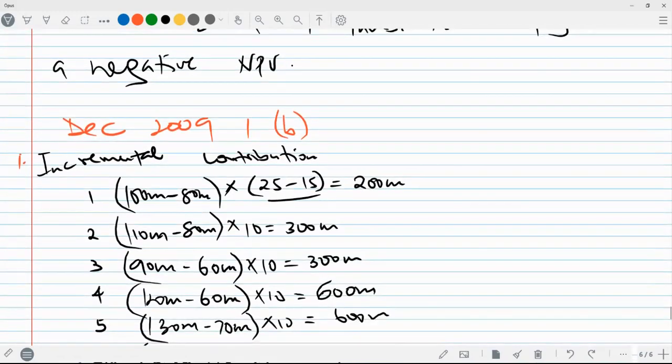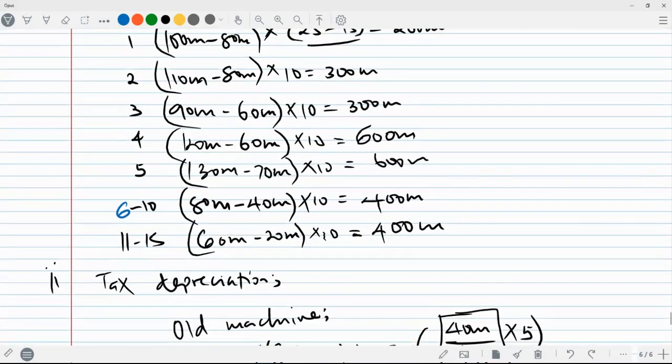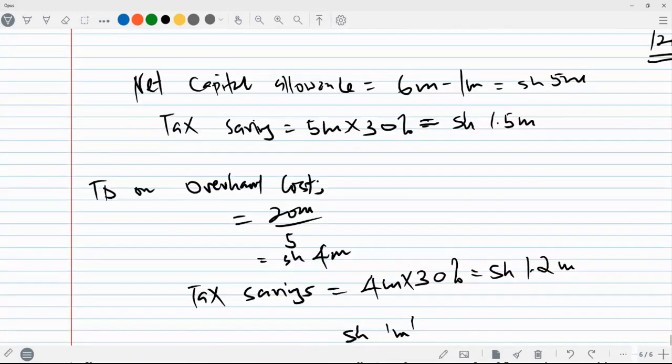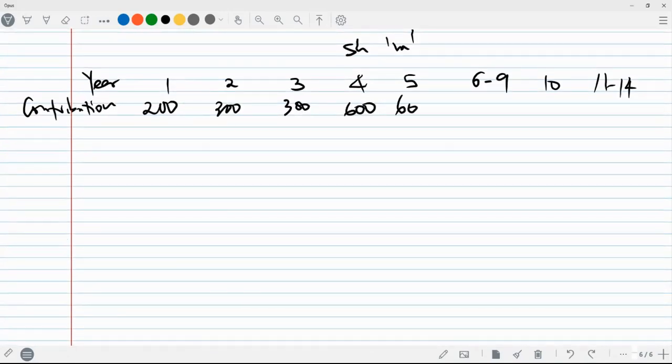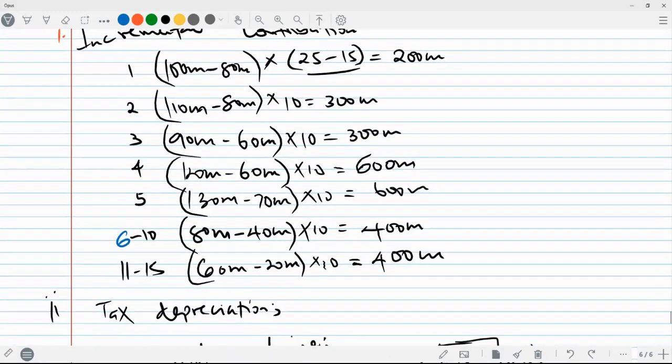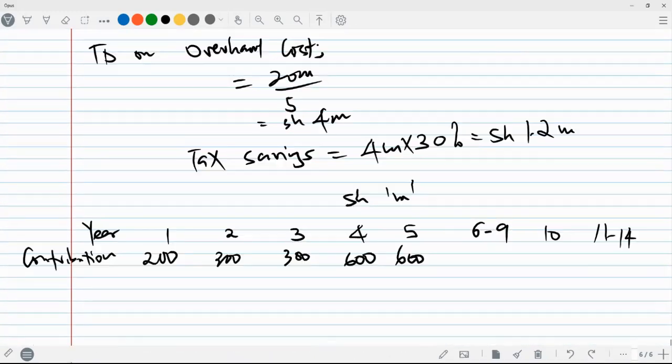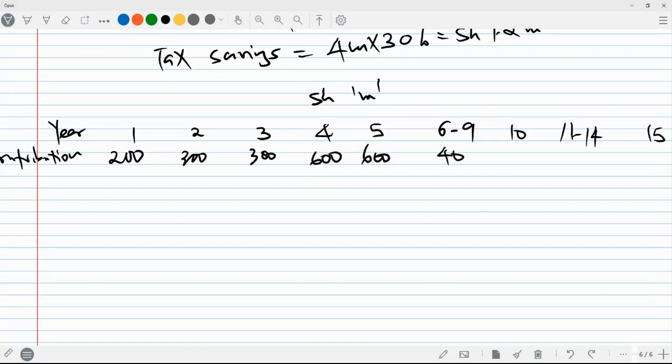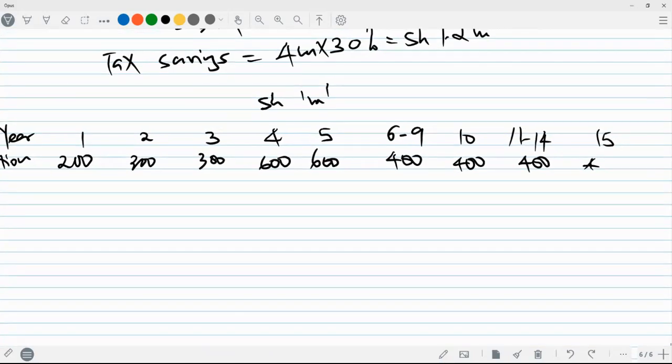Year 5, 600 million. Year 6 to 10, every year, 400 million all through.